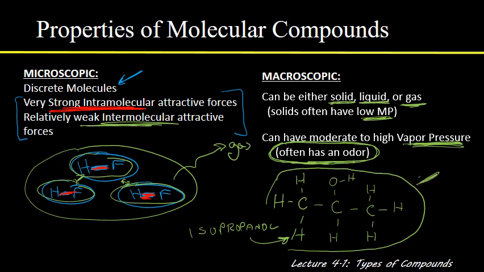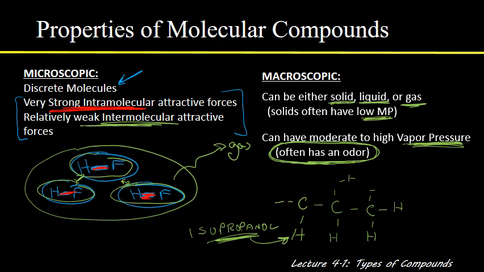You can smell this isopropyl alcohol. It has a very distinct smell. And you know, oh, I smell that smell, I know I'm about to get a shot, right? Anyway, the fact that you can smell it means that this compound has a high vapor pressure. The molecules are escaping into the gas phase very quickly.